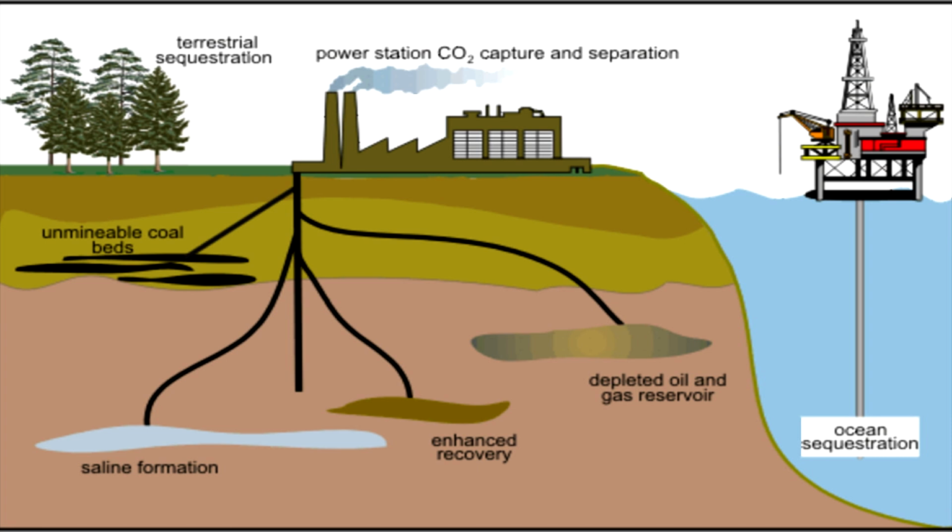And the third, and in fact the most important, because the scale of this third category is potentially much higher than the other two, is what we call the deep saline aquifers, types of geological grounds that are found deep under the Earth's surface.